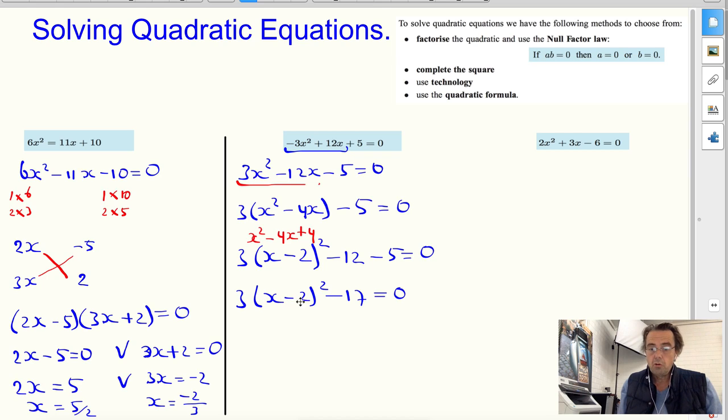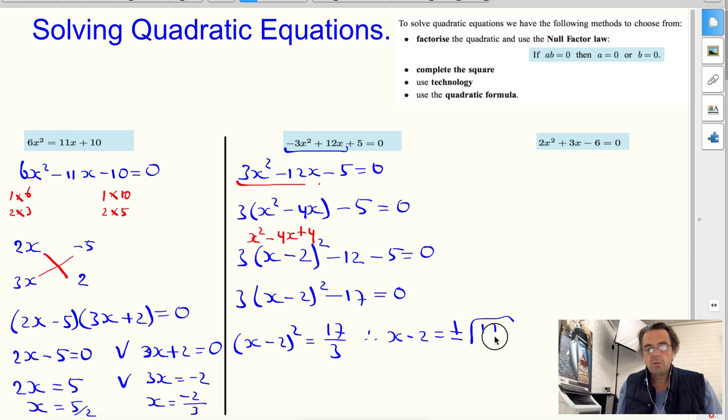Now to solve it, to find x, I just keep on going. I put the 17 on the other side and I'm going to divide by 3. So x take 2 squared equals 17 over 3. Now that means that x take 2 is plus or minus the root of 17 over 3.